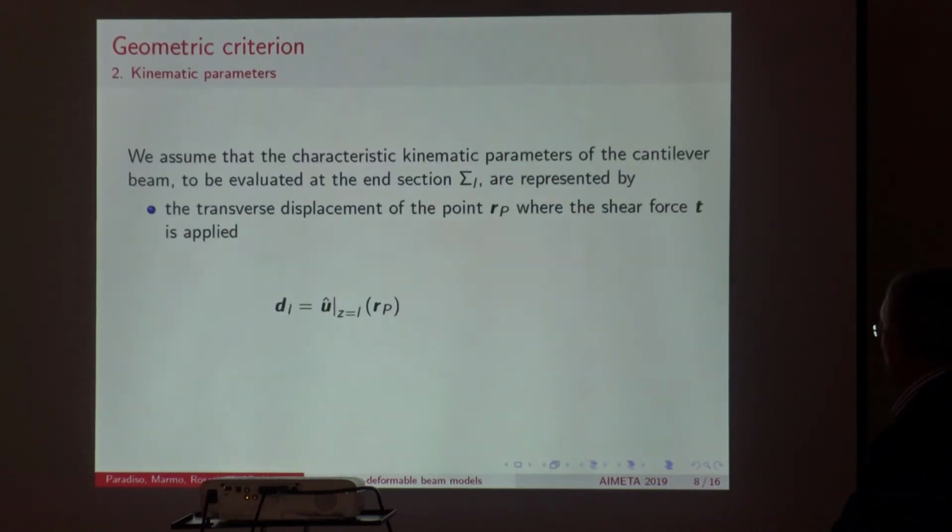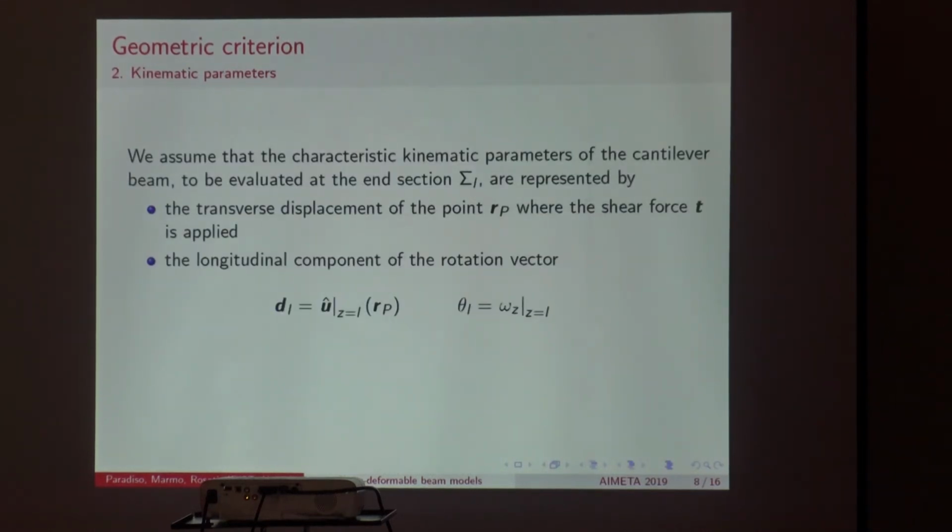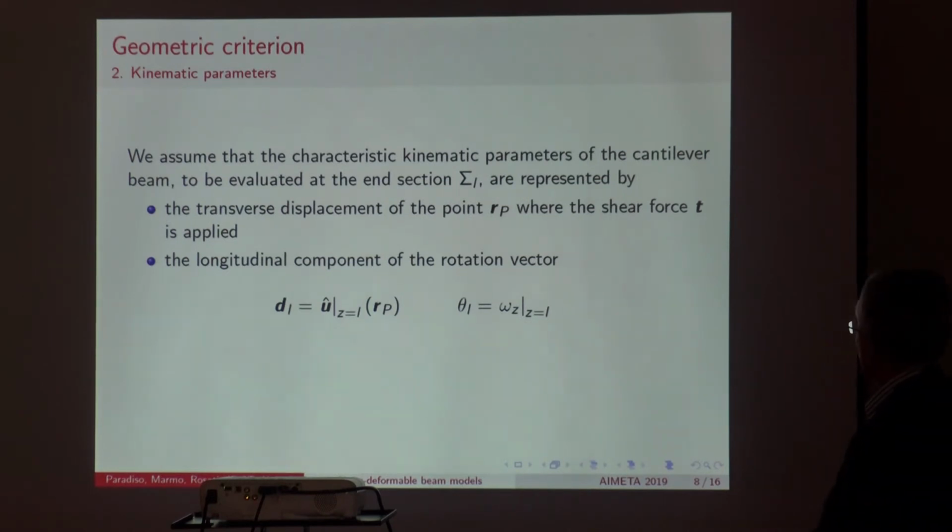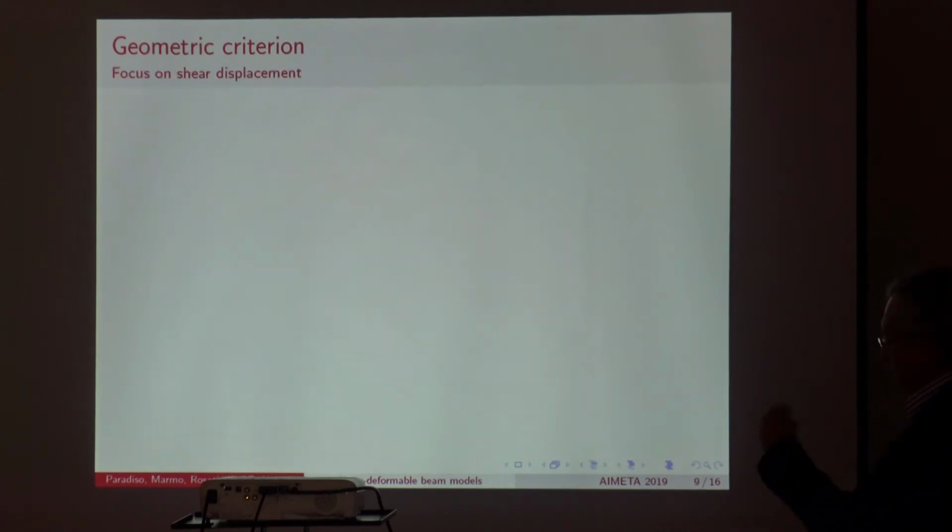For the kinematic parameters, we get the transversal displacement associated with the position P at which the shearing force is applied, and the rotation, of course, is the rotation of the section with respect to the zeta axis, the longitudinal axis of the beam.